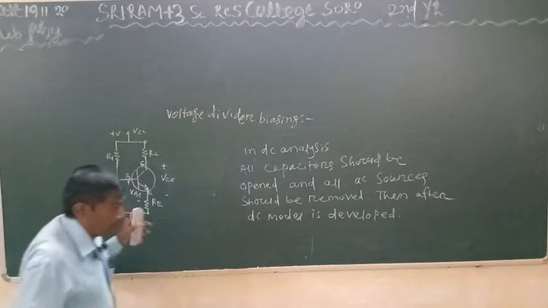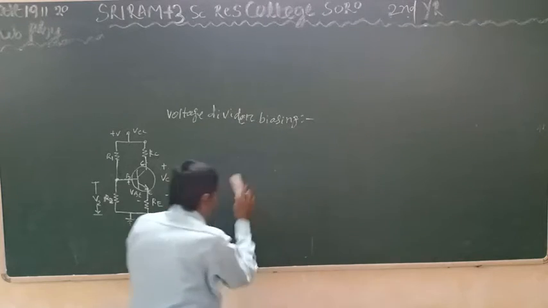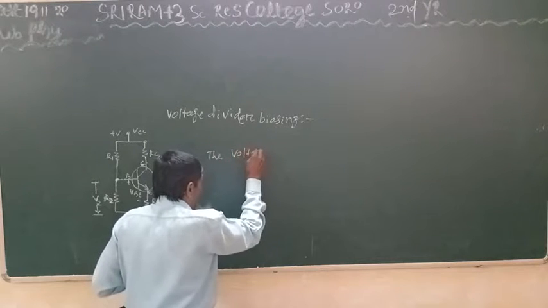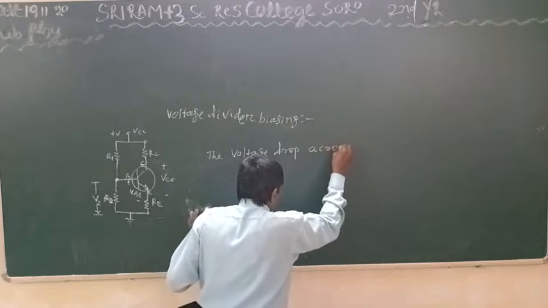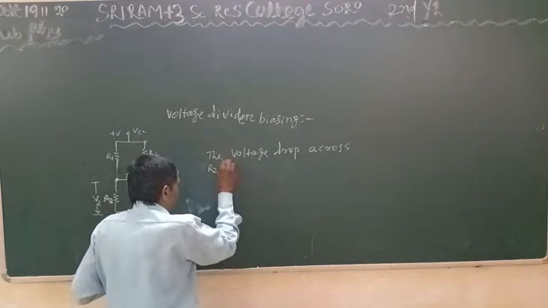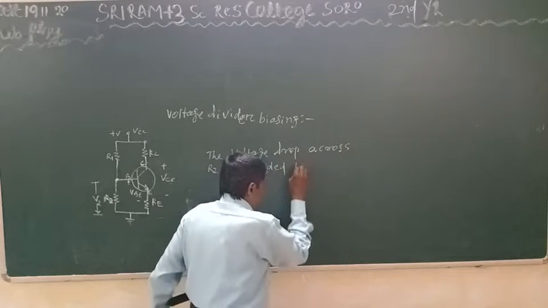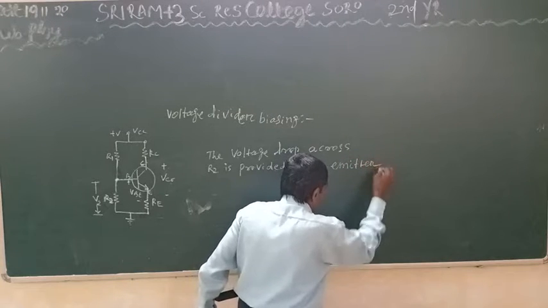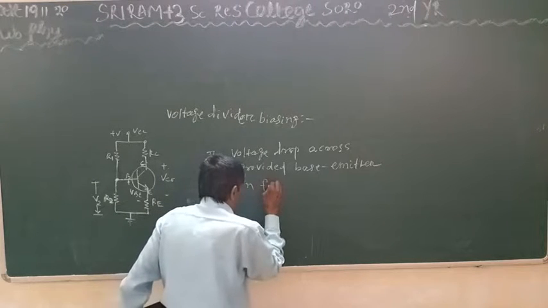Now we write: the voltage drop across R2 provides the base emitter junction forward bias.